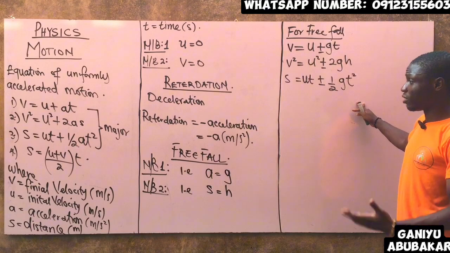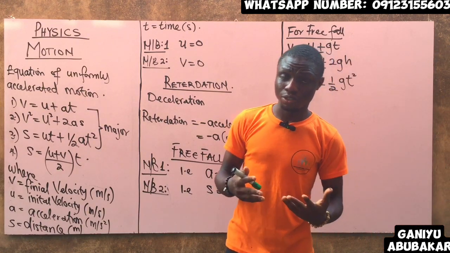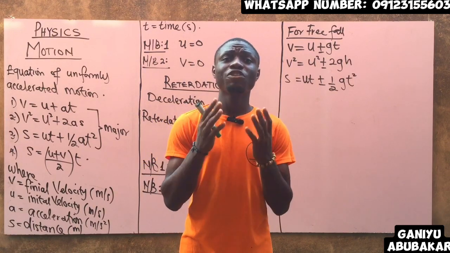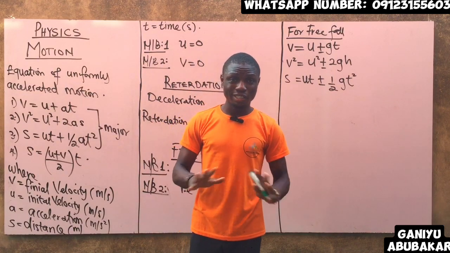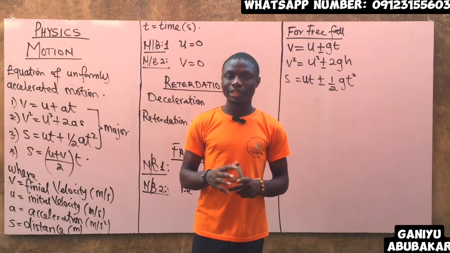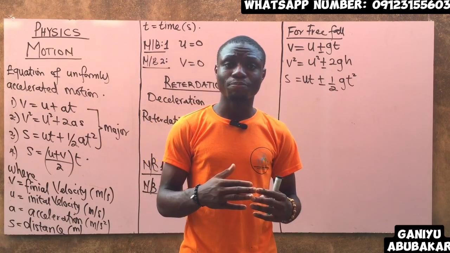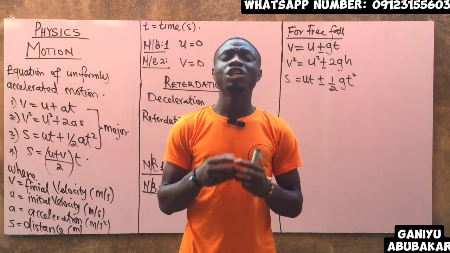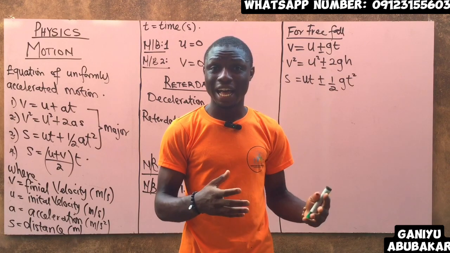So the idea changes for free fall. Listen, I will show you how to identify questions. Whenever I see a question, how do you know that question is talking about free fall, or the equation of uniformly accelerated motion? It's quite simple. For uniformly accelerated motion, in the question you'll hear a train or perhaps a car.